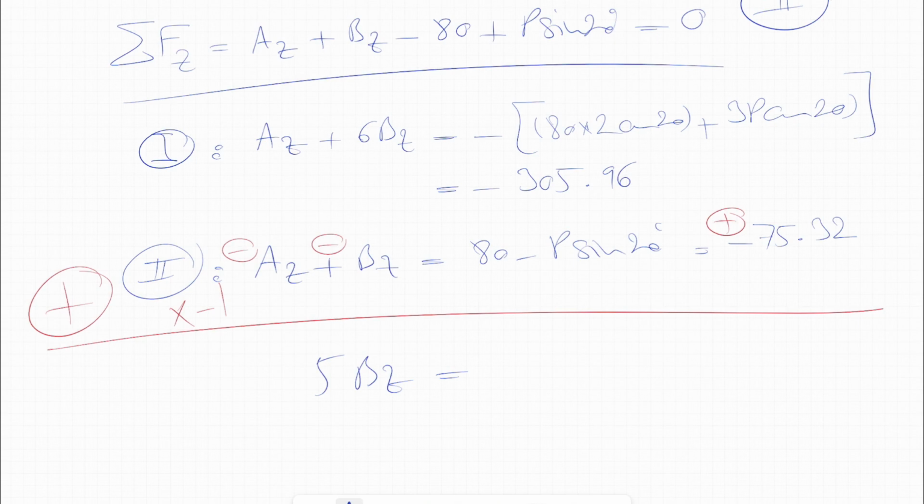And if we do that, we'll get 5BZ equal minus 305.96 minus 75.32.